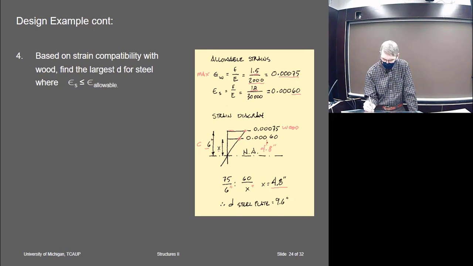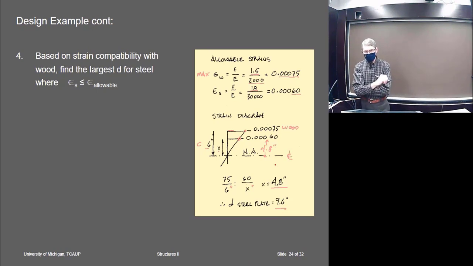That's this distance. Okay, so if I double it, 4.8 and 4.8 is 9.6. The full depth of the steel plate, this is at the center line, the midline, mid-height, would be 9.6.